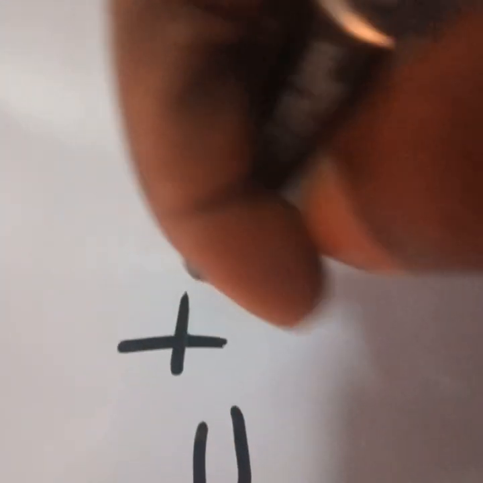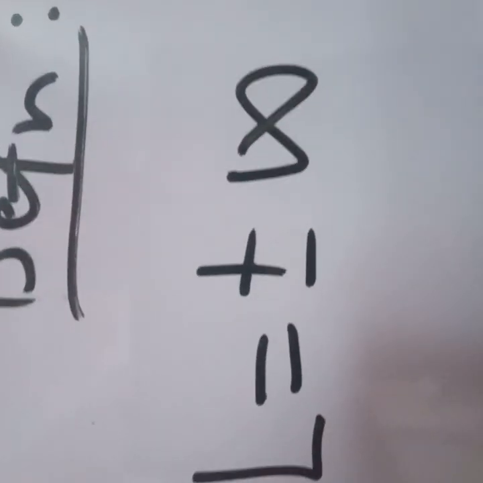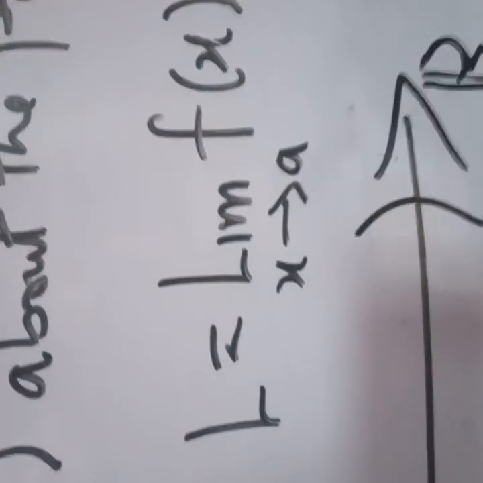So let me come again. What we are saying here is that if the number L is equal to positive or negative infinity, then we'll say the limit of this function does not exist.